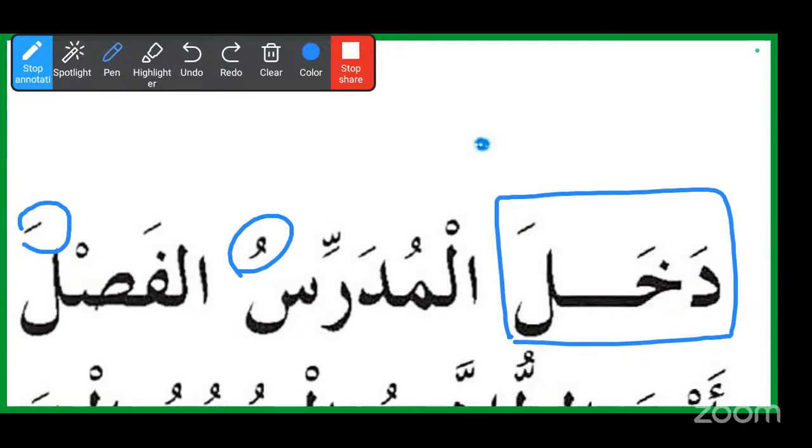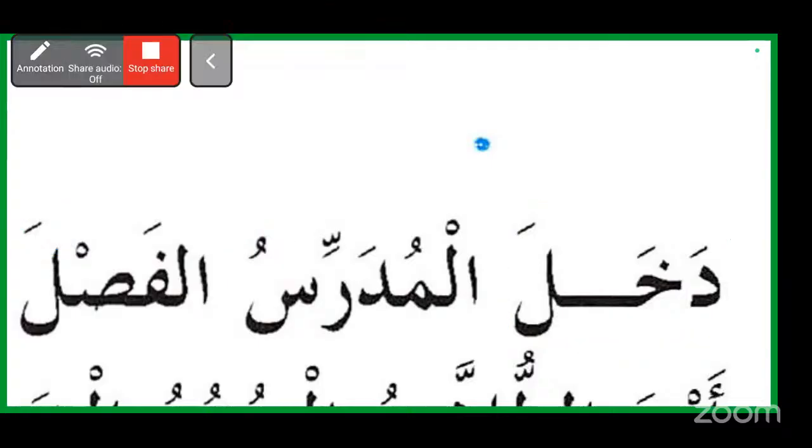The sign fatha indicates that it is either mansub or majroor, but here it is mansub. The mansub is a maf'ul, and kullu maf'ulin mansub. So here we recognize which one is the verb, which one is the subject, and which one is the object.